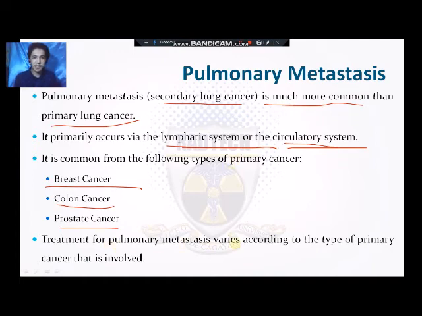Treatment for pulmonary metastasis varies according to the type of primary cancer involved. So again, a biopsy is still needed, to find where the patient's cancer originally came from. If the primary cancer is responsive to radiation therapy, then the patient should also undergo radiation therapy for the pulmonary metastatic activity.